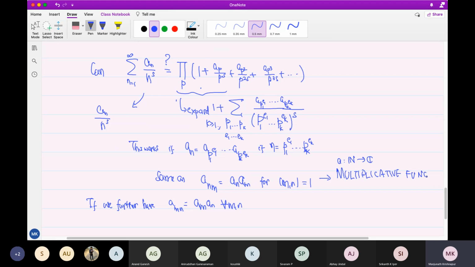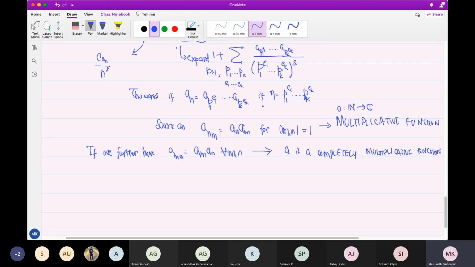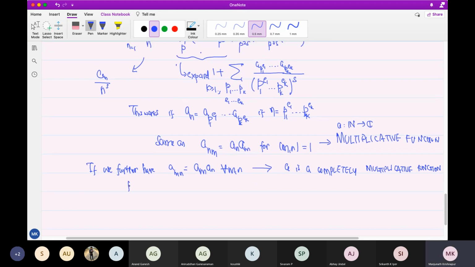This other one is a little unusual, less commonly seen, but if such a thing holds, then we say that a is a completely multiplicative function. Here there is no coprime condition; it's always true.